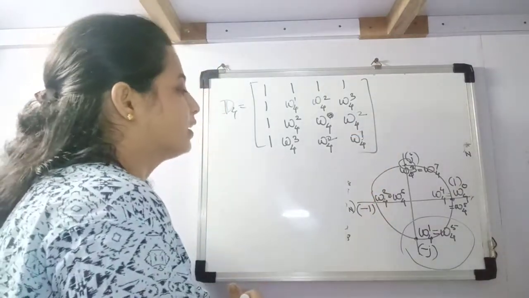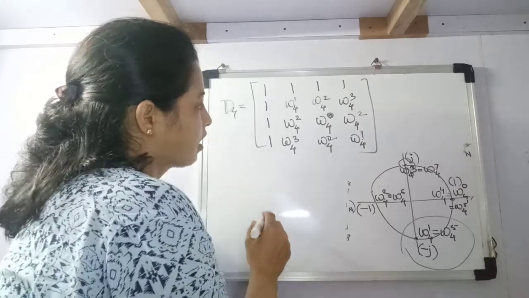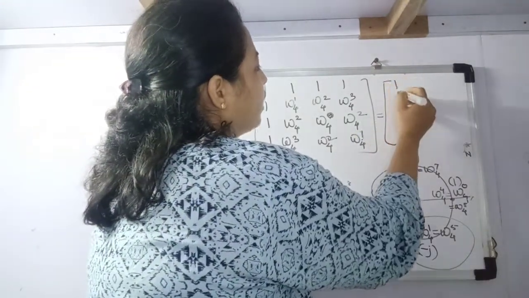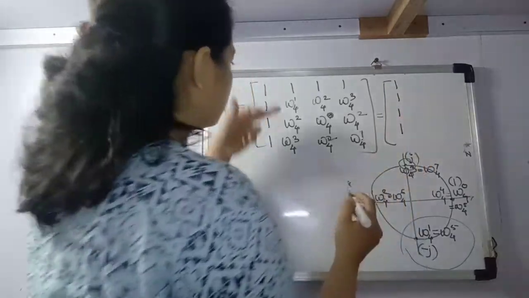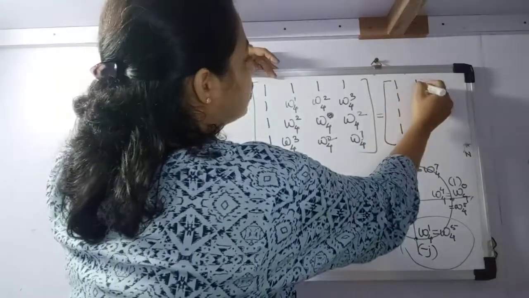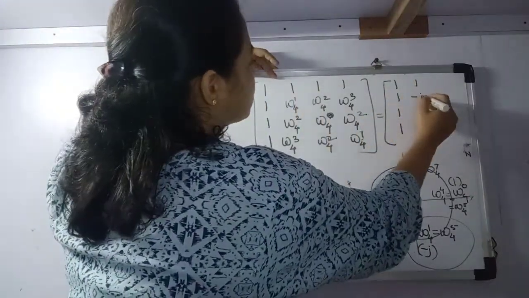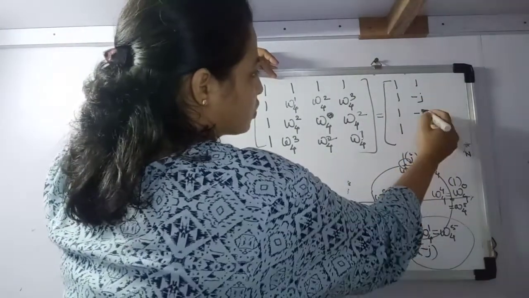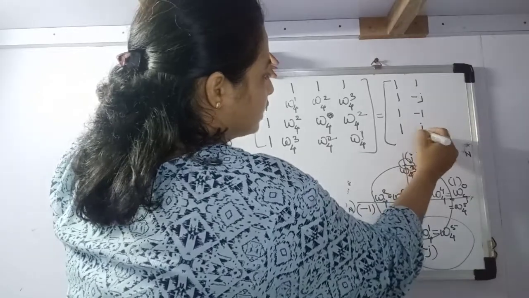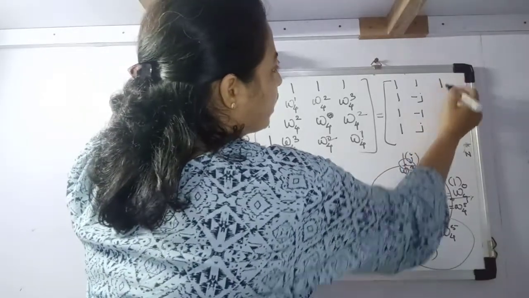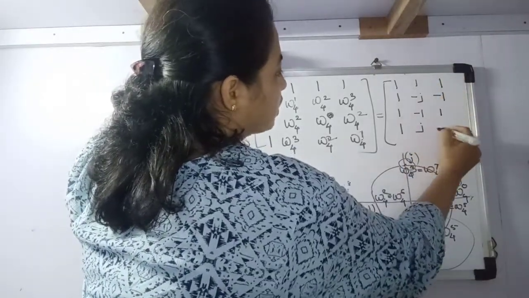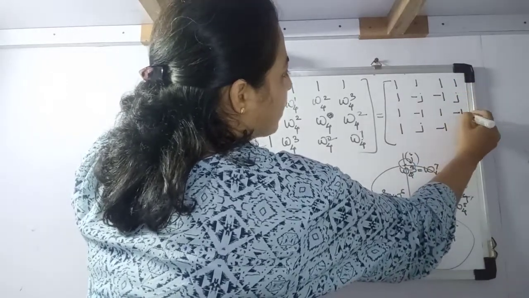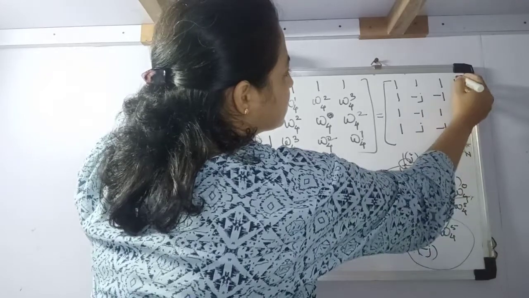Now we'll write this matrix. This matrix will become 1 1 1 1; then 1, minus j, minus 1, j; then 1, minus 1, 1, minus 1; then 1, j, minus 1, minus j.